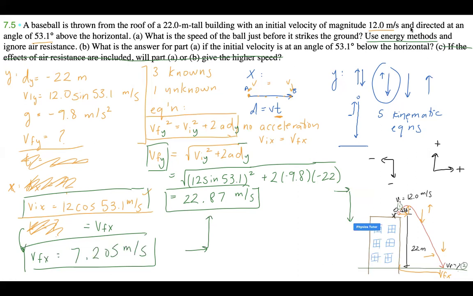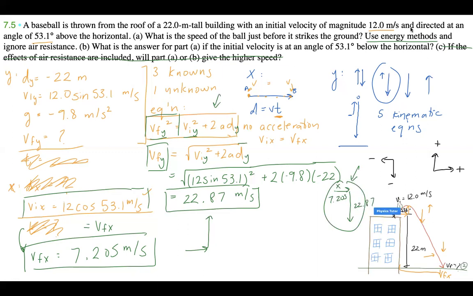But the reason why we don't actually get a sign is that in this formula specifically, when you're solving for VF or VI, because we are squaring these values, we immediately lose the information on whether it's positive or negative. We have to use other methods to figure out if it's positive or negative. The math isn't going to tell us. But for us specifically, we know that it's this scenario: this is the 7.205, and this is the 22.87.